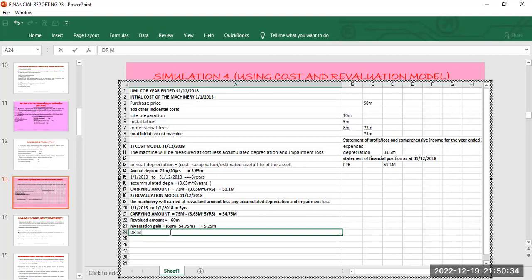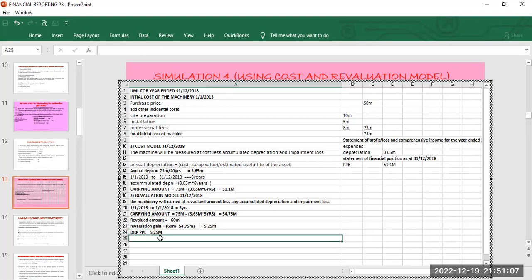We go ahead and debit the machinery, because now the machinery is going to be increasing in value. It is increasing by that revaluation gain. So it is machinery, or the other person could say PPE, because that's the general name, PPE, and we are saying it is 5.25 million.